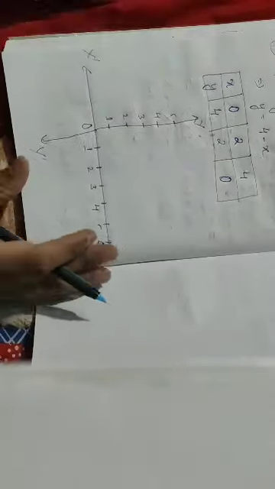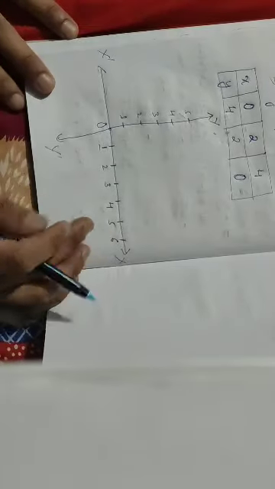Similarly, this side is positive, so 1 2 3 4 5. You use a scale, that will be better. I am drawing freehand, but it will be better if you use the scale. This is the negative side, so minus 1, minus 2.